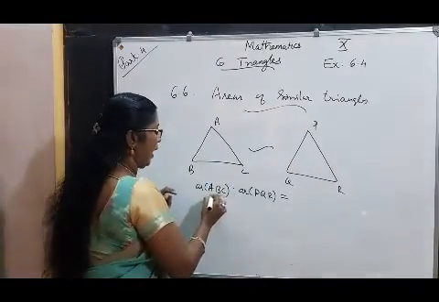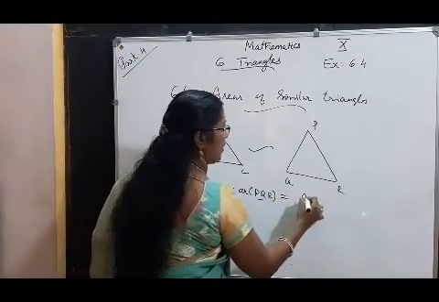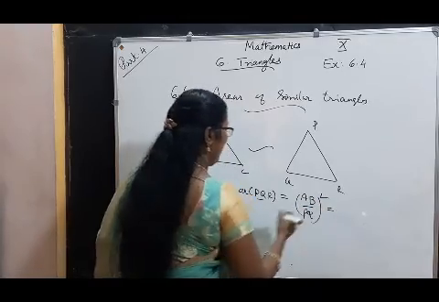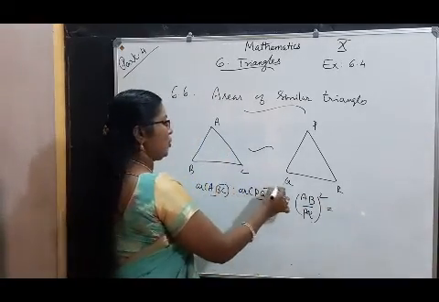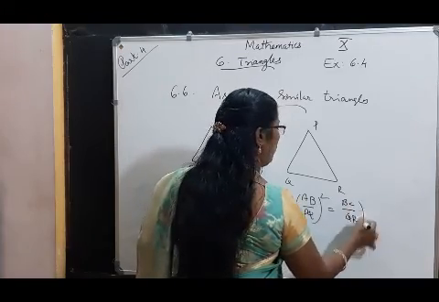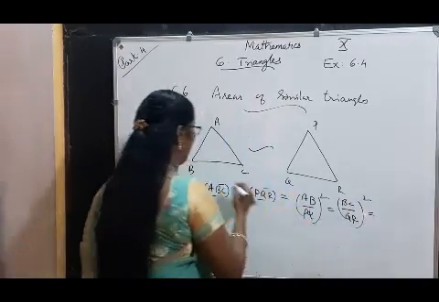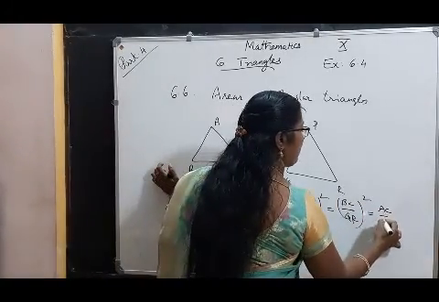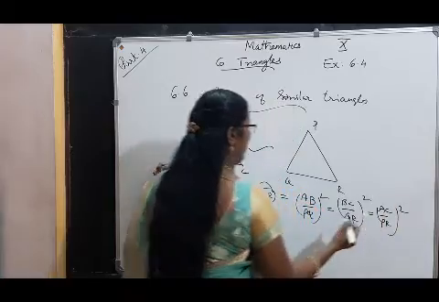That means AB and PQ are the corresponding sides, so (AB by PQ) square equal to (BC by QR) square equal to (AC by PR) the whole square.